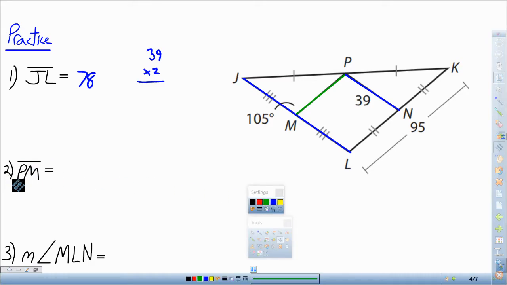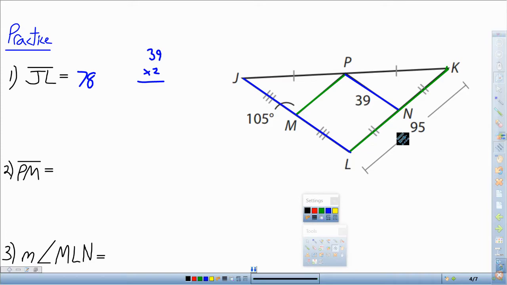Let's take a look at number 2. It's asking for PM. PM is this mid segment, and we know there's a relationship between this mid segment and this side length right here. Again, this mid segment is half the length of this side length. So if this side length is 95, we take half of it, in other words divide it by 2, and we get our mid segment.